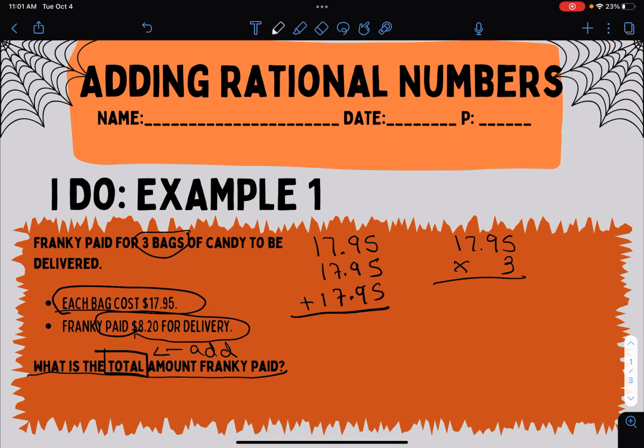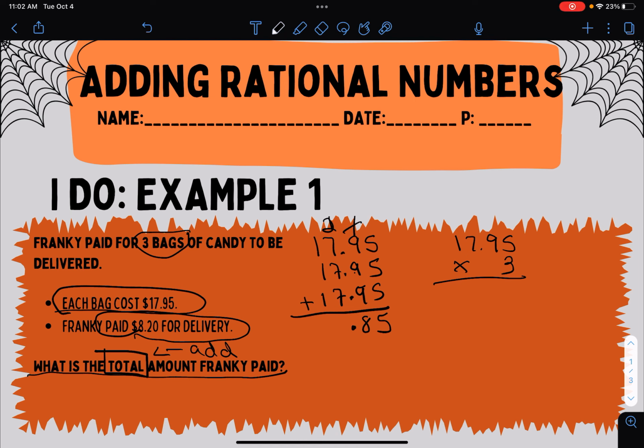Okay, so 5 plus 5 is 10, plus another 5 is 15. Carry my 1. So 1 plus 9 is 10. And then you have 9 plus 9, so 9 plus 9 is 18. And 18 plus 10 is 28. Carry my 2. Put my 8, carry my 2. Bring down my decimal.